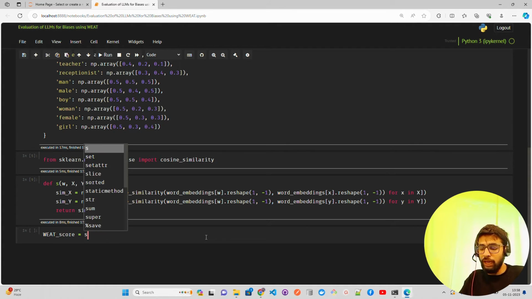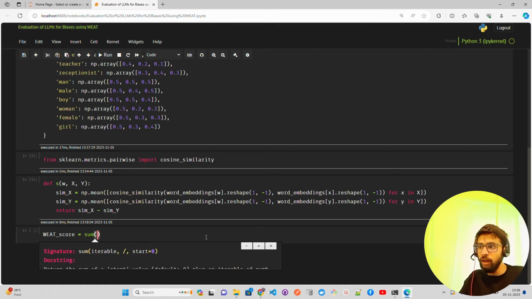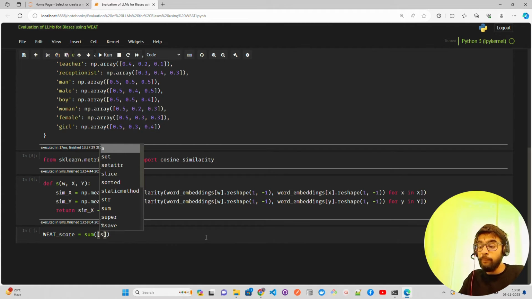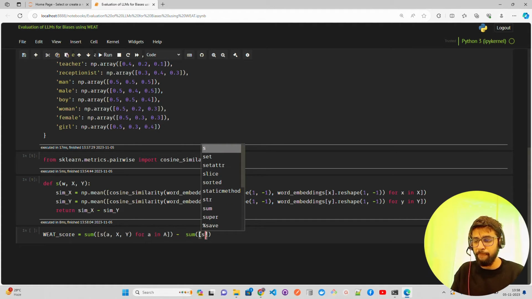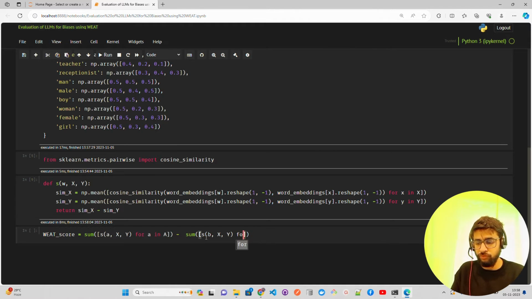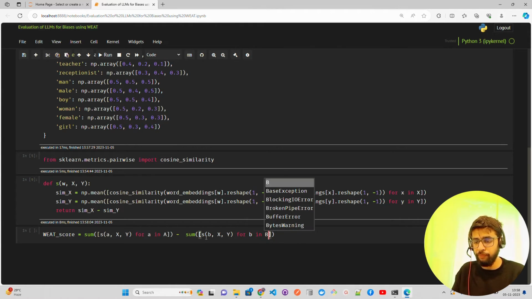In this weight score, I'm gonna take the sum of s, the function that we have, so sum of s and axy, for a in A, and then I'm gonna minus this with the sum of s, sum of s bxy, for b in B.